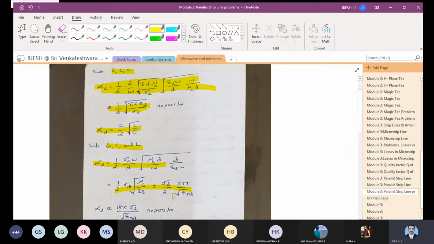Alpha D can be written as 188 into sigma D divided by root of epsilon RD.